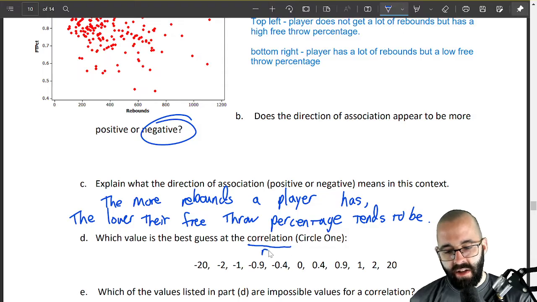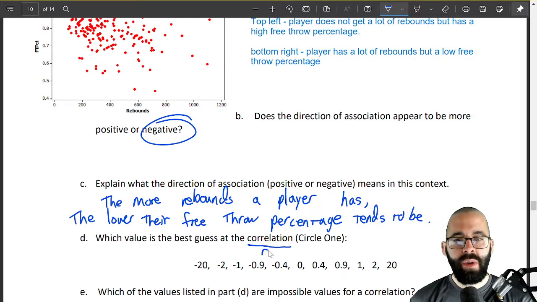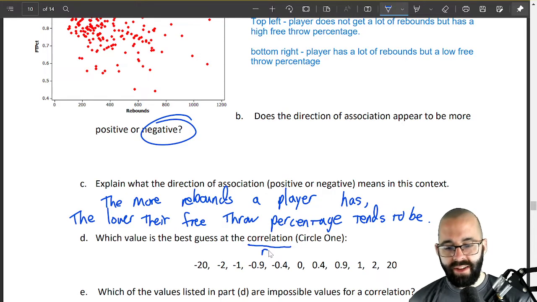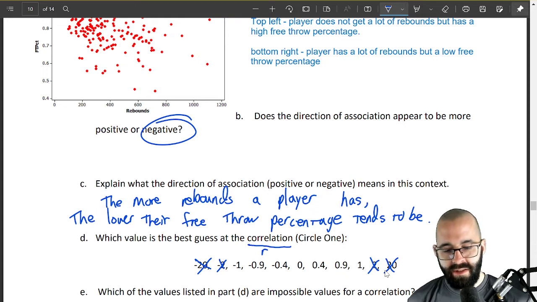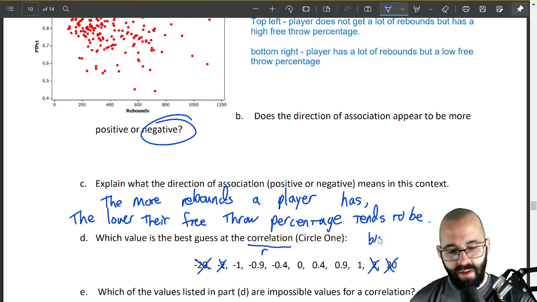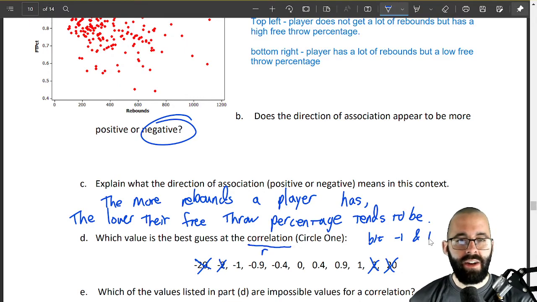So which value is the best guess at the correlation? Specifically, which one of these do we think our R is going to be? So right off the bat, let's approach things in steps. Why can these ones not be R, our correlation coefficient? Remember that our correlation coefficient is always between -1 and 1. So it can't be a number outside of this region.